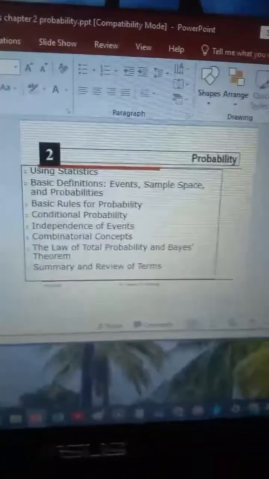So you will ask, sir, why do we touch the normal curve and then go back to the area before it? The explanation is probability. So here it's all about probability again.